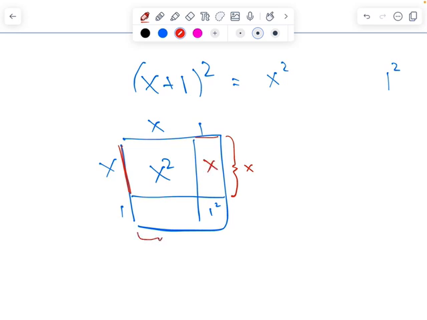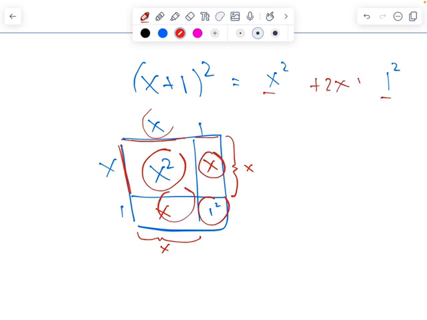From here to here, this is the same as this. This is also x. So you have, as your final answer, as an area, x squared, which is this guy, 1 squared, which is this guy, but you have an x and another x, and that is going to be 2x. So (x + 1) squared is not just x squared plus 1 squared. You have these other regions there.